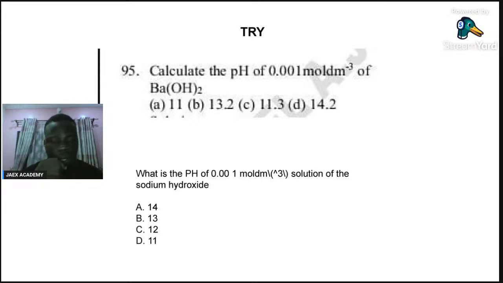So 96. We know that pH is equal to negative log 0.001. So negative log 0.001 is 3, right? So we have 3. So we have pH.